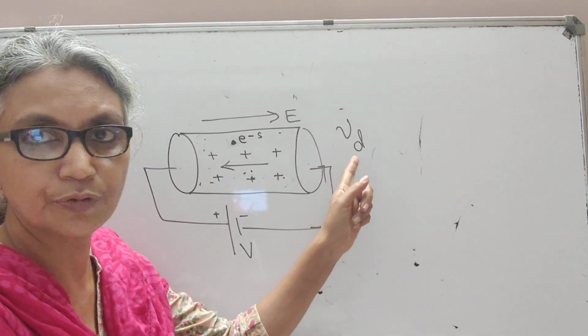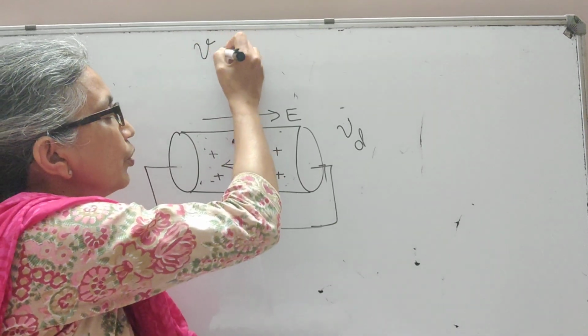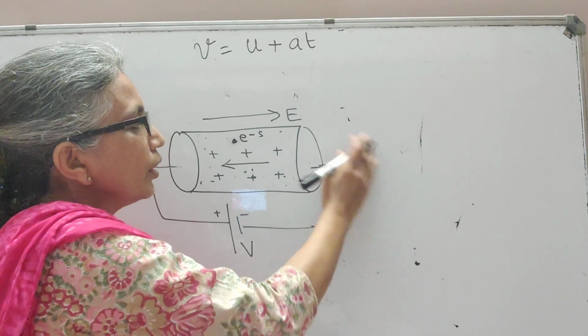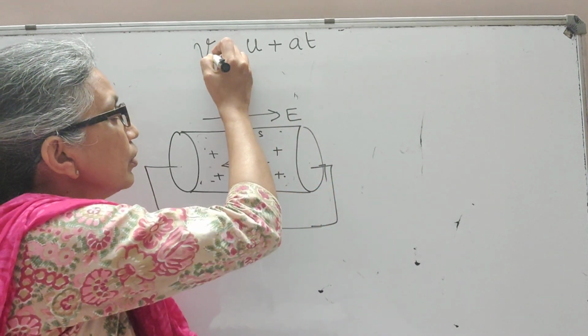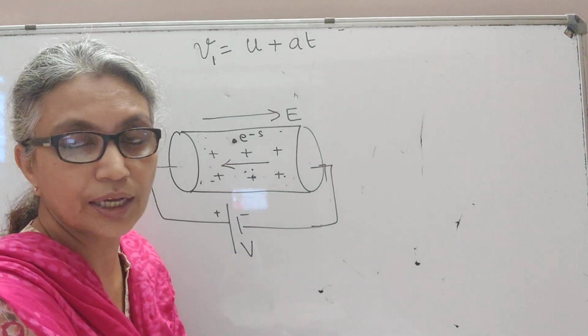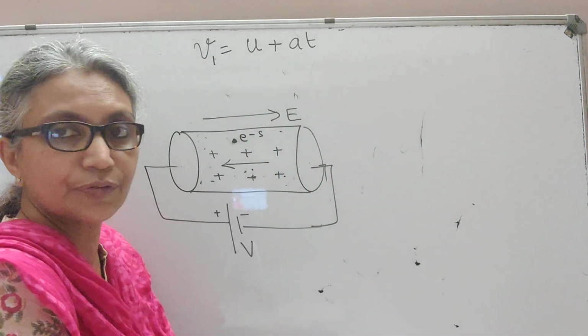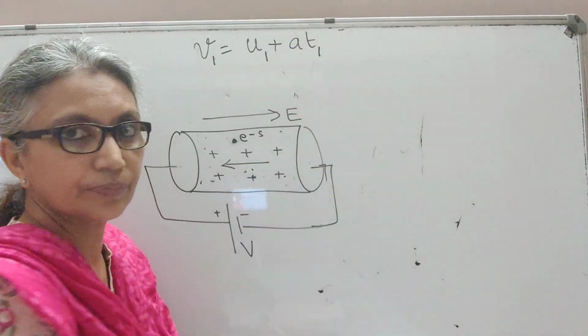To find an expression for this drift velocity, we go to the equations of motion that we know, V equal to U plus AT. Now in this, if I take the first electron, after the application of the electric field, its final velocity is V1, initial velocity U1, in a time T1.